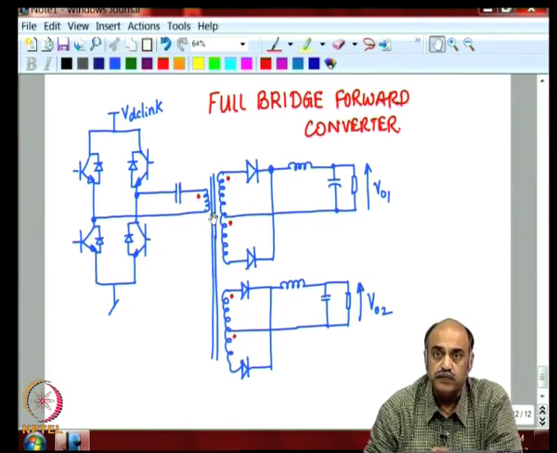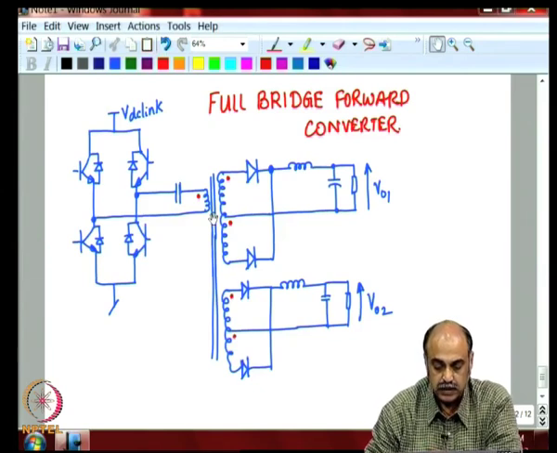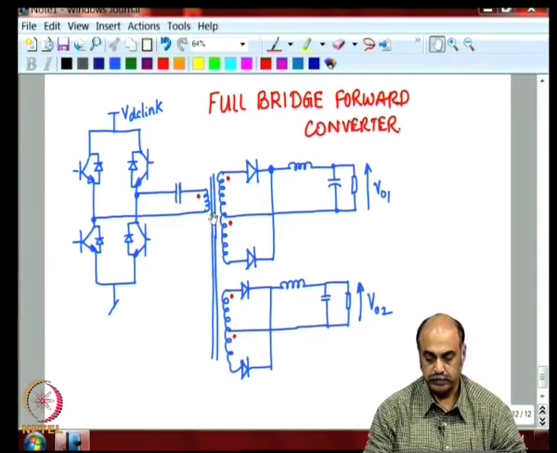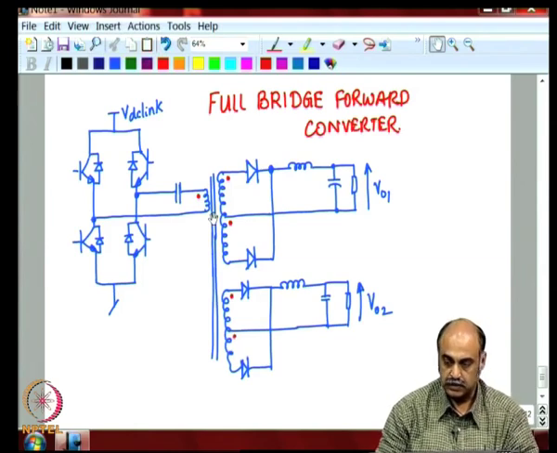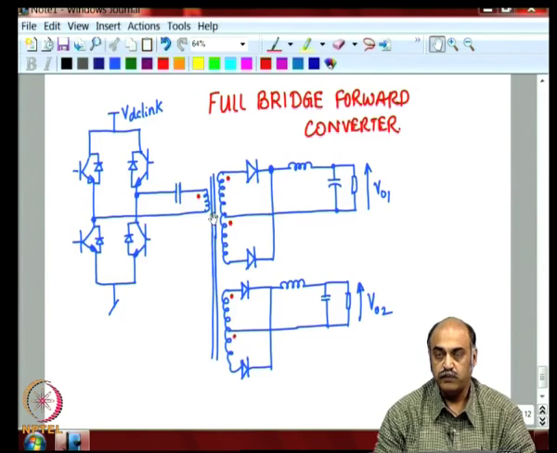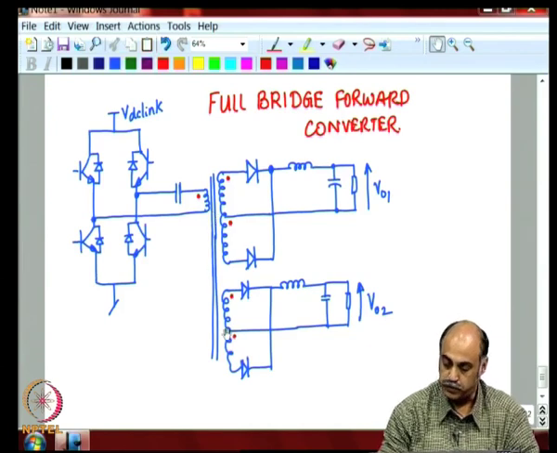So, let us see how we would go about doing the design of such a converter. I have purposely taken an isolated DC-DC converter case rather than taking a more trivial boost converter or a buck converter, because these isolated converters are much more used in practice.